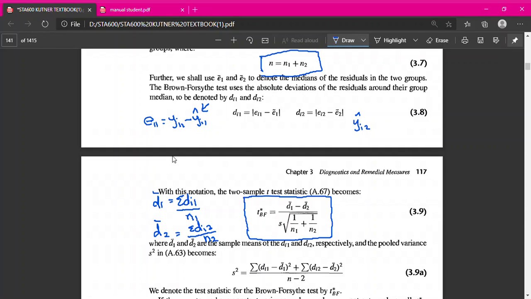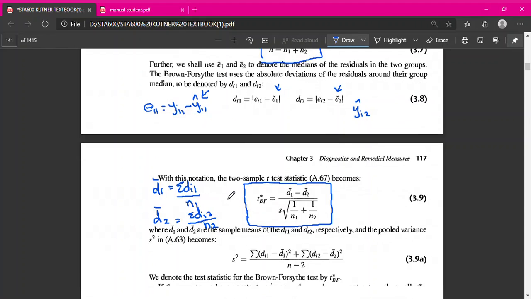And then once we have each of the residuals, kena cari median. Median untuk group pertama dan median untuk group kedua. Median adalah the middle value of the data.